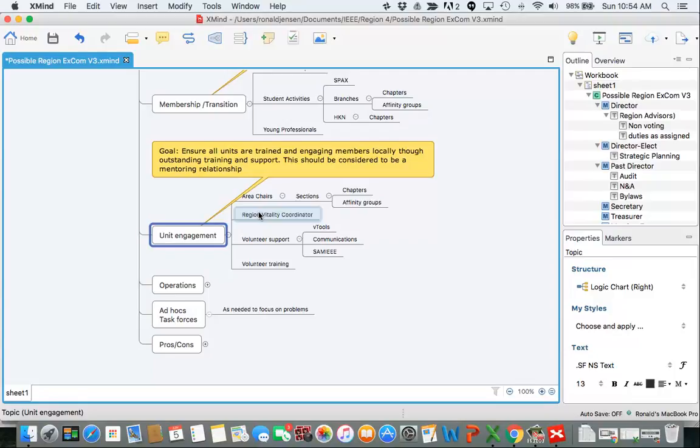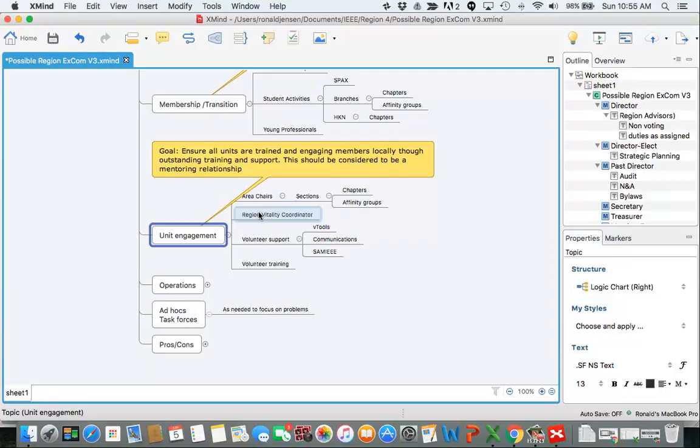In my particular case, and I am the RVC for Region 4 as well, I find it conflicts with the roles of area chairs and with various other positions, because there are multiple people who are really trying to reach out to the sections and chapters, and it's just totally confusing from a section chapter standpoint.